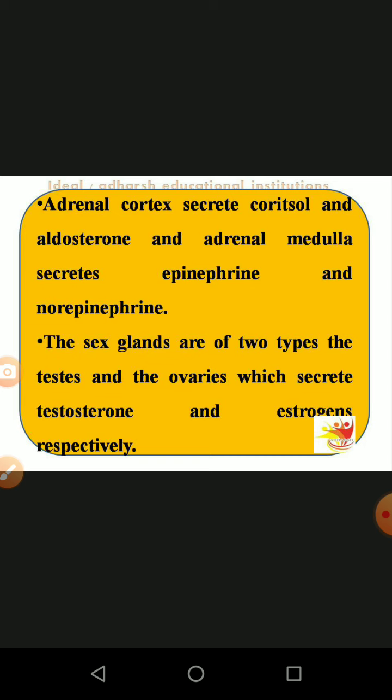At the same time, I already told you about one more hormone, relaxin, which is produced only at the time of delivery for loosening of the muscles. So up to here we have successfully completed unit number 16, plant and animal hormones.